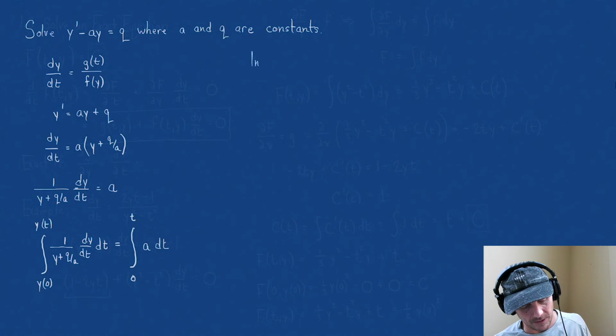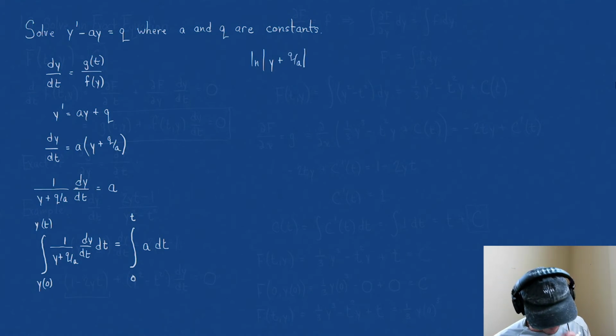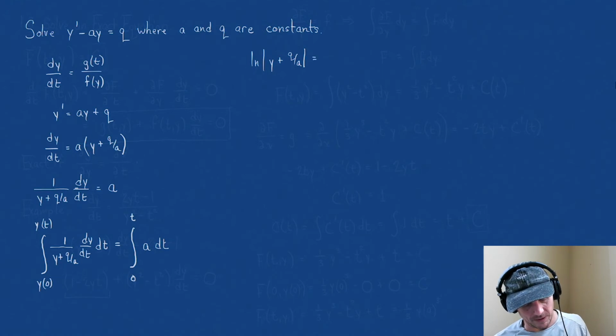That's the natural log of the absolute value of y plus q over a, minus the natural log of the absolute value of y of 0 plus q over a, equals a times t.